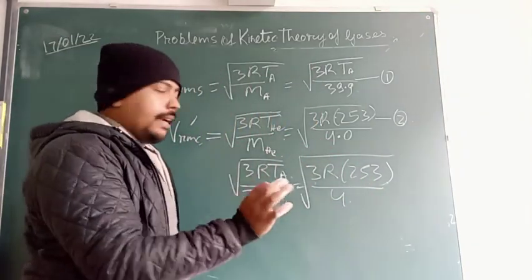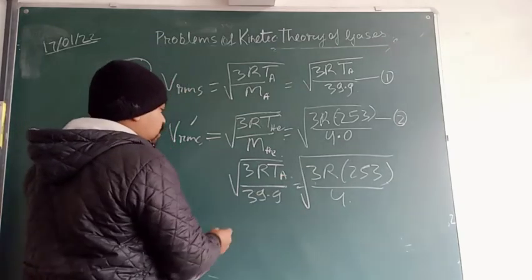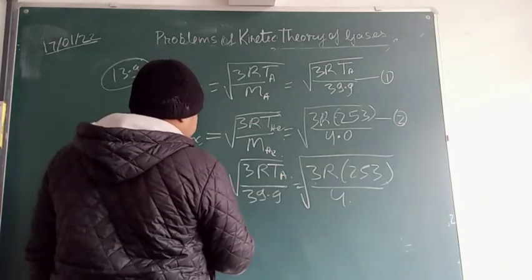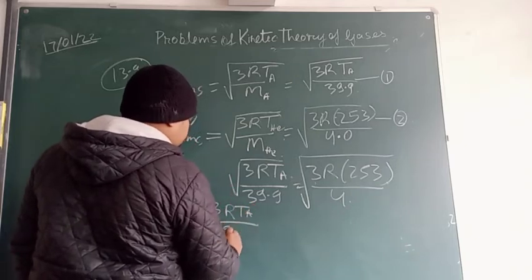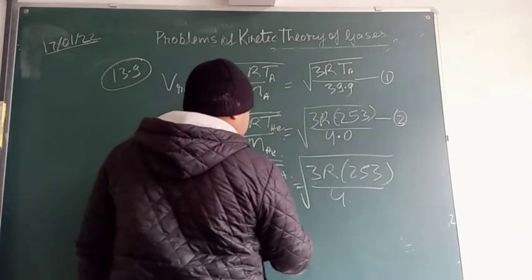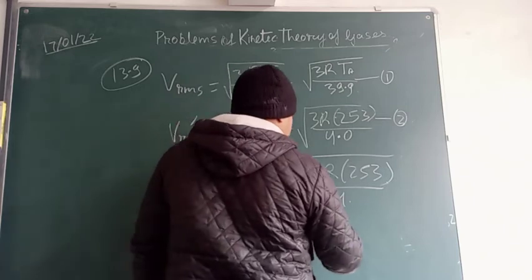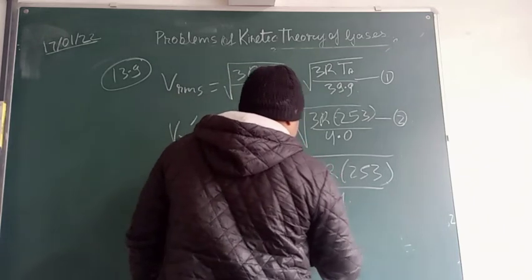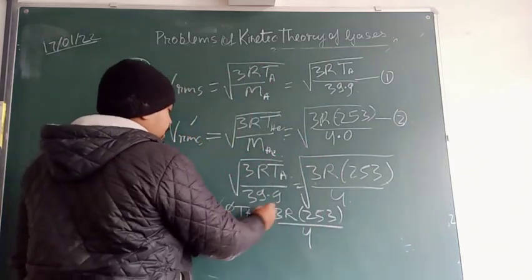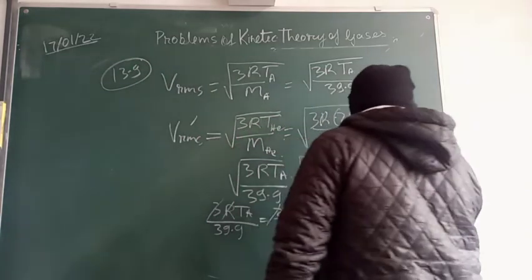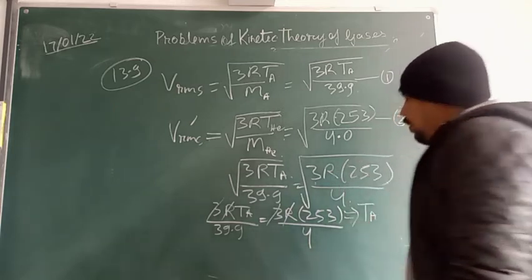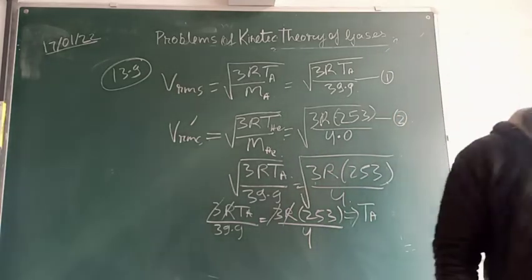So squaring both sides, we can eliminate the square root. From here this will cancel out, and further if we solve, we will get the answer.